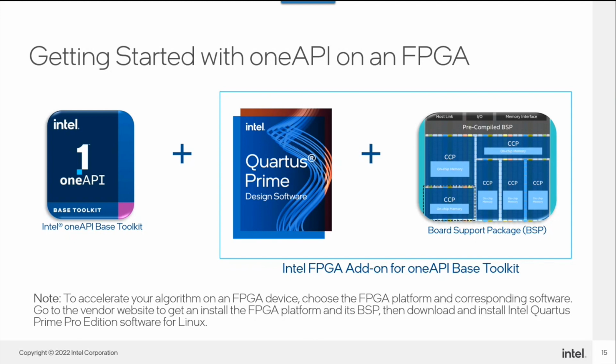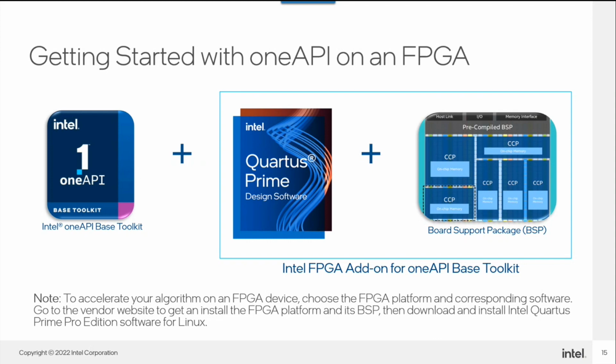Now you need a board support package because you're not going to be working with just a standalone FPGA. You have a bunch of other peripherals on the board, so you'll actually be using the board. The BSP takes charge of all of that communication between the FPGA and those other peripherals. And this is provided through third-party vendors.